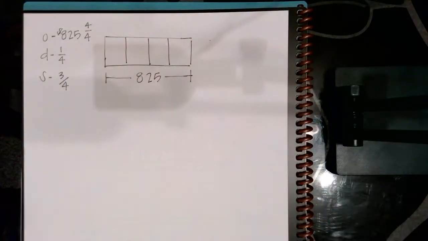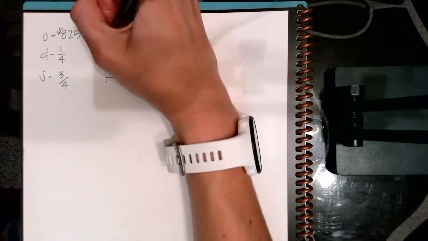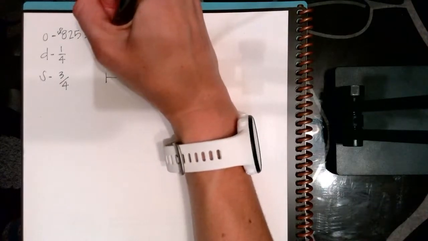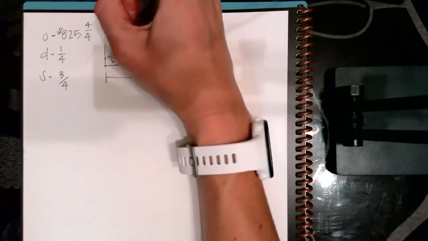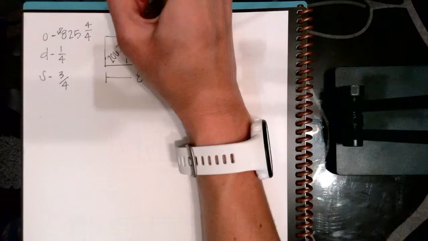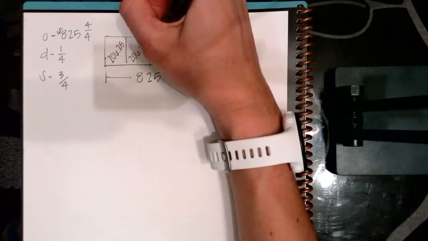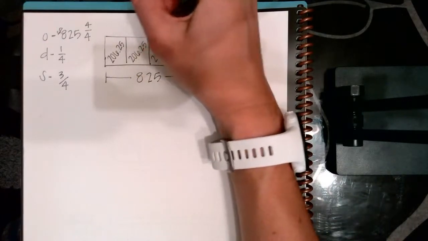And now I need to figure out the price of each of these boxes. So I'm going to go ahead and take 825 and divide it by 4. So I get $206.25. So I'm going to go ahead and write that in each of these boxes.